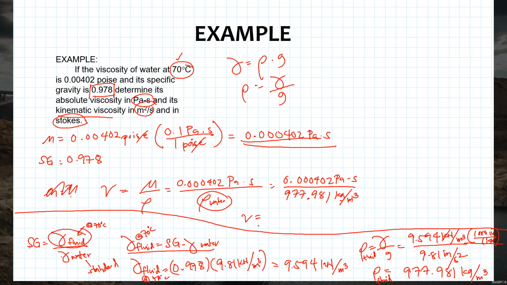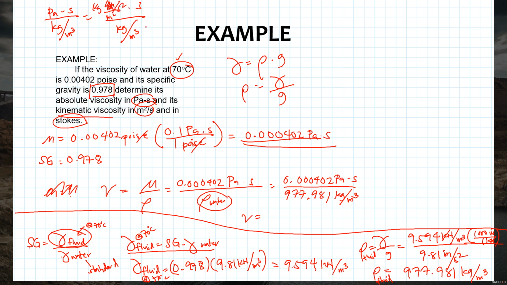Okay. Just to review again the units. Okay, let me write it here in the upper left portion. Pascal second divided by kilogram per cubic meter. Pascal, again, is Newton per meter squared. We have second over kilogram over cubic meter. And also Newton is kilogram meter per second squared.